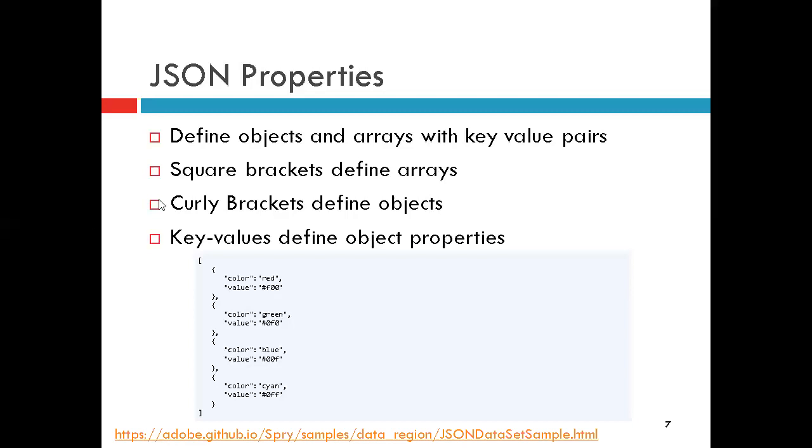Okay, so I was talking a little bit about JSON. Square brackets define arrays. Curly brackets define objects. It's really all about defining these key value pairs.